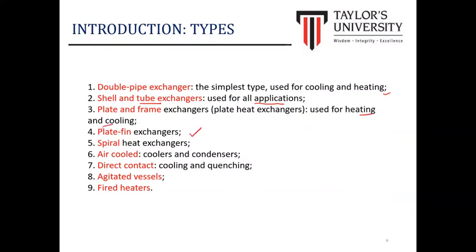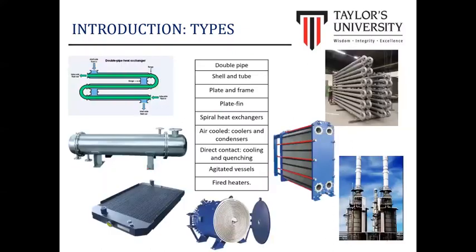We have plate fin exchangers, spiral heat exchanger, coolers and condensers. We have direct contact. Usually, if we have a rapid cooling system, we use direct contact, whether in cooling or quenching. We have agitated vessel, usually involved in the reactor, and also fired heater.